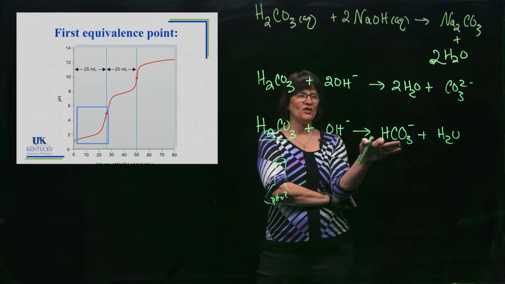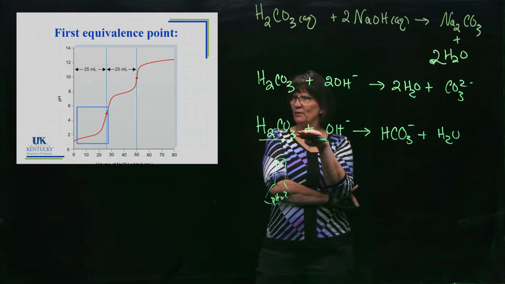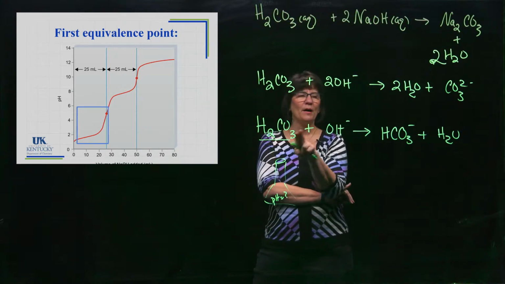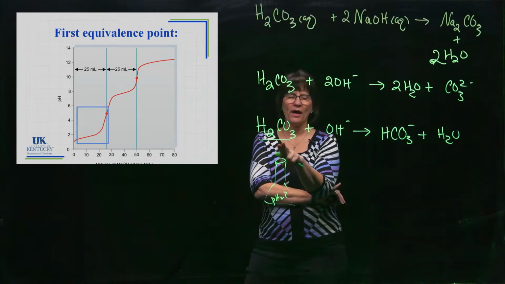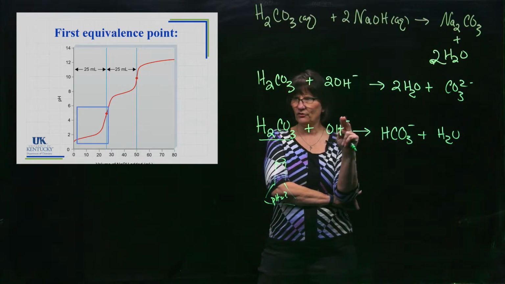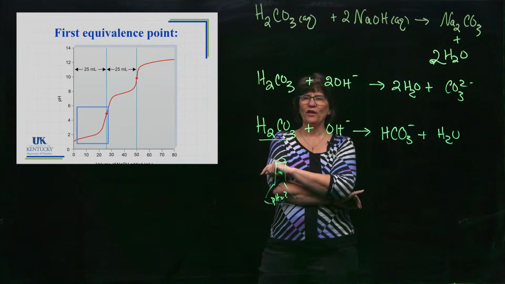These are conjugates of each other. So we see a rise and a plateau. You see that little bit of plateau? We've got ourselves a buffer range in which we have a buffer solution containing carbonic acid and HCO3 minus. So it rises and kind of levels off, and it comes up to its first inflection point.